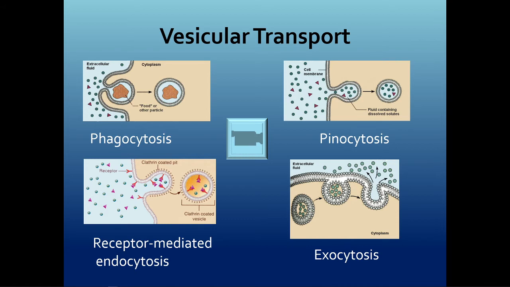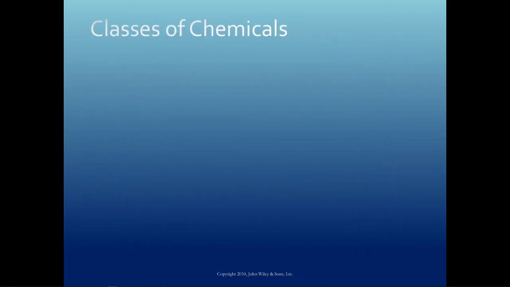So now what we're going to do is continue on and look at our next part, which is classes of chemicals. Remember we said that your body was made up of living things and non-living things.